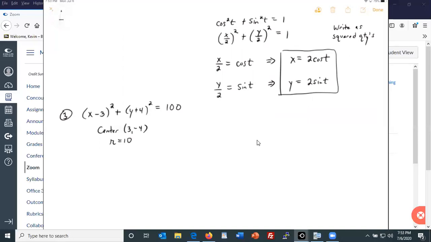So let's see here. We take the trig identity, cosine squared plus sine squared equals 1, and line that up with my equation. I have to divide the second equation by 100.